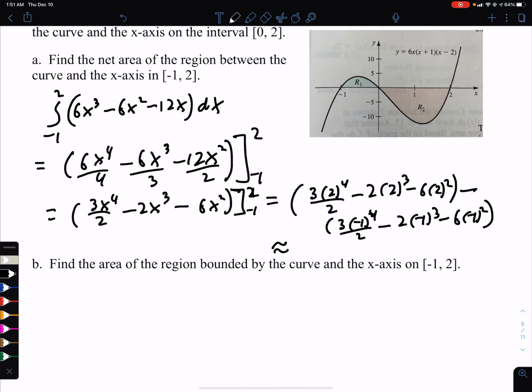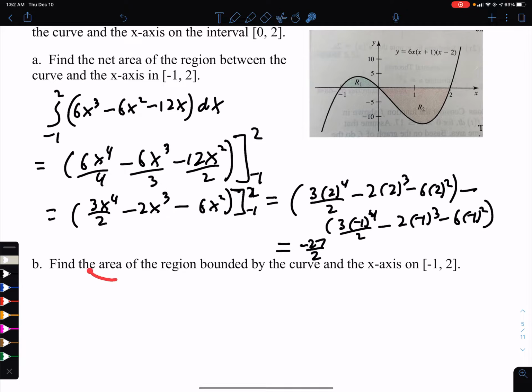And if you do that on your calculator, you actually get a number. Now, you could leave your answer like that if this were an FRQ. This simplifies to negative 27 over 2. It makes sense it's negative because that's bigger than that. So there's more area below, so it's going to be negative. So that's the answer.